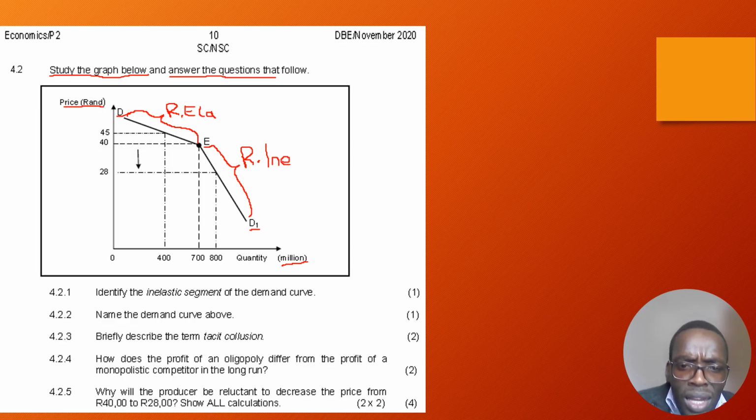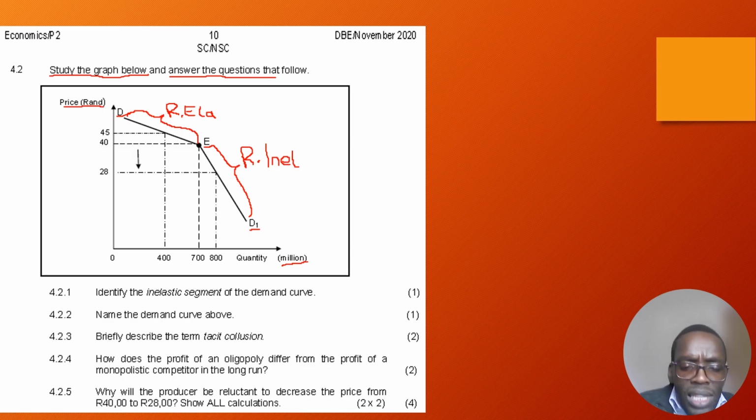So the bottom part represents relatively inelastic, and the top part represents relatively elastic demand. And we would also remember that at the equilibrium, or at the point of the kink, that's where we have unitary elasticity.